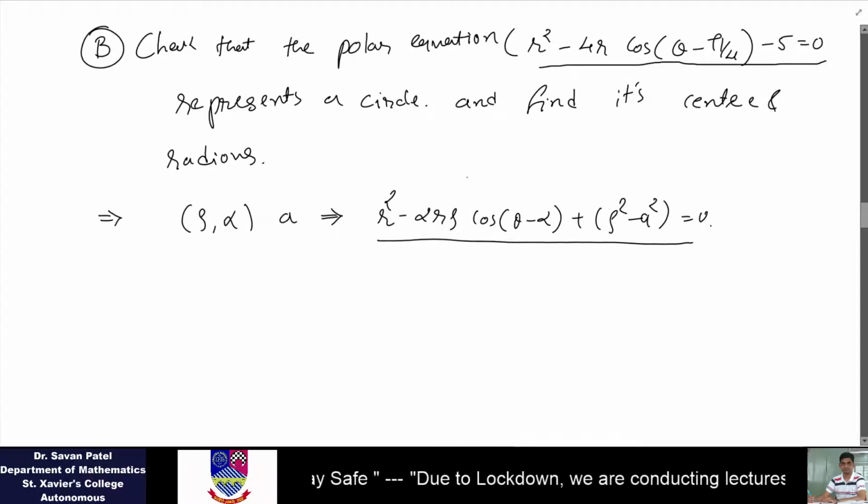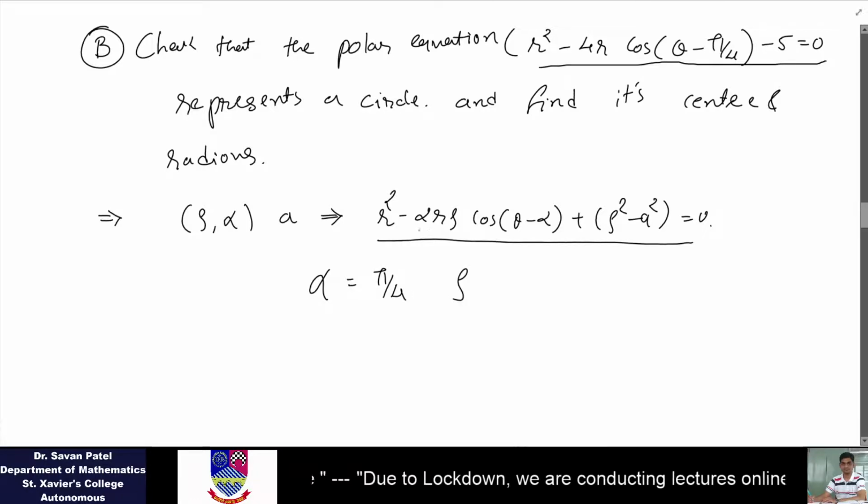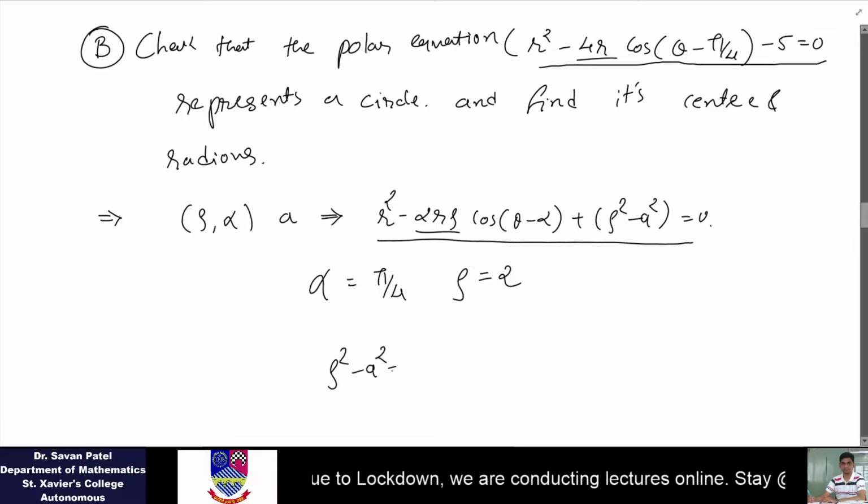So here if you think about this, then your alpha is pi by 4, that is very much clear. Here 2r rho and here it is 4r, so your rho must be 2. And here your rho square minus a square is minus 5. Rho is known, so that is 2 square, that is 4.